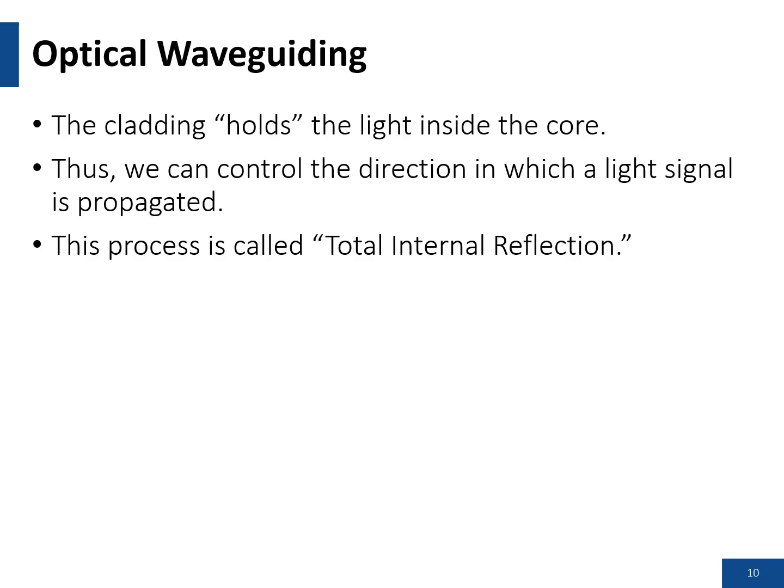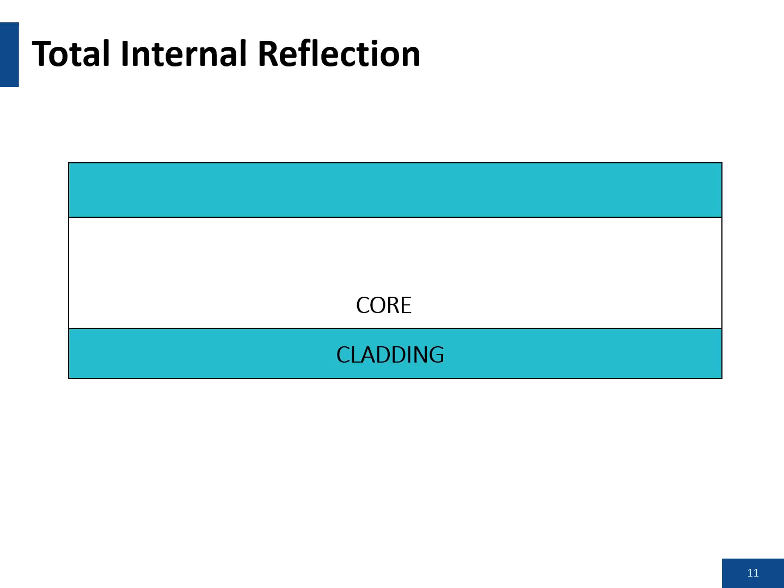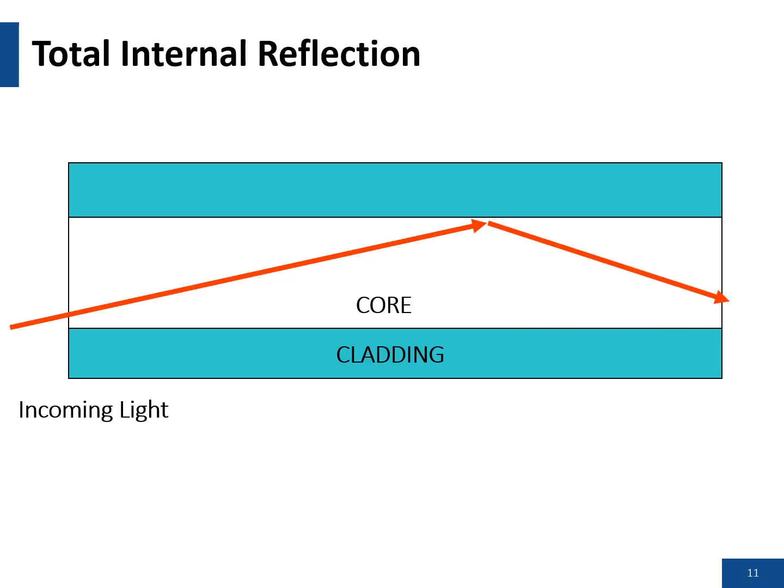Cladding actually holds the light inside the core, and this controls the direction in which the light signal is propagated down the fiber. This process is what's called total internal reflection, and it's the key element of how fiber optics work. When you have a core and a cladding of two different indices of refraction, as long as the light is coupled into the core at the appropriate angle, the light will reflect inside the core and stay inside the core.